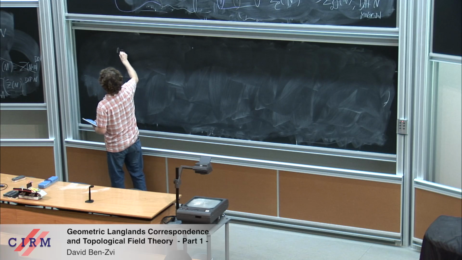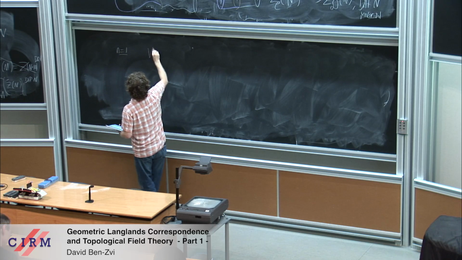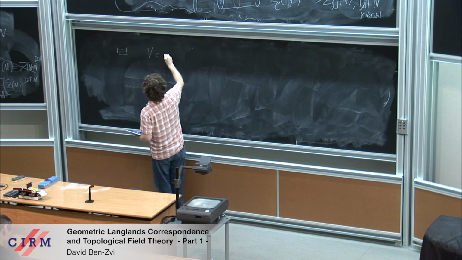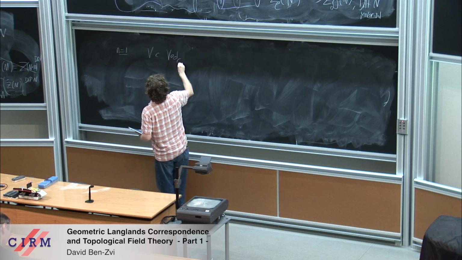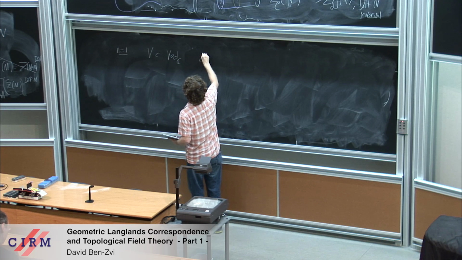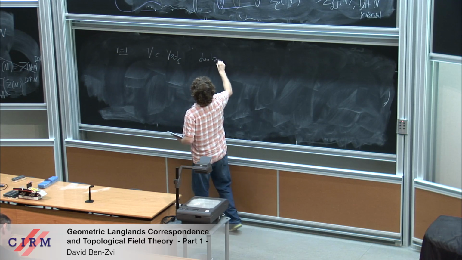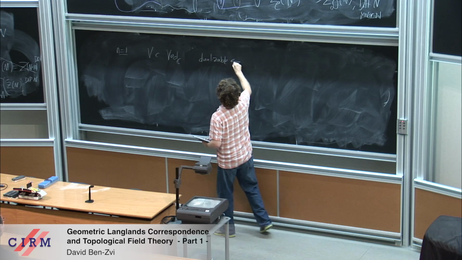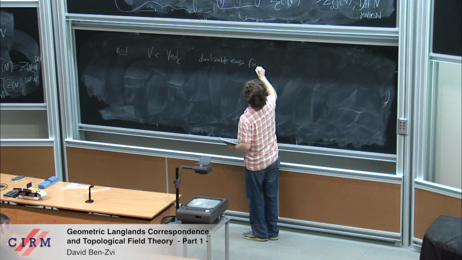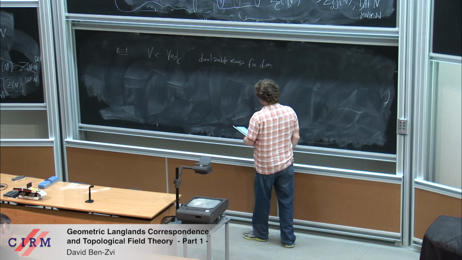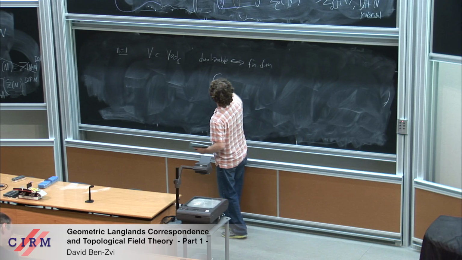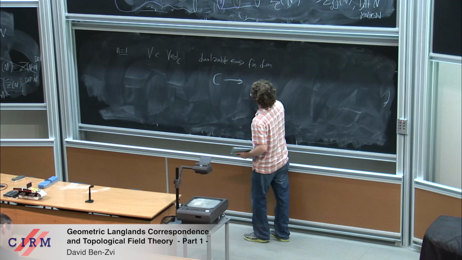As we already said, in dimension 1, if I think of V as a vector space, for a vector space to be dualizable, it's equivalent for V to be finite dimensional. And then if you have a finite dimensional vector space, you can write down maps.